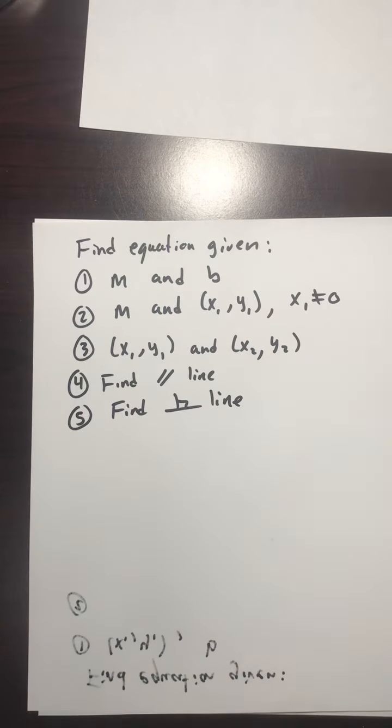And then the other types of problems that we can do are we can find a parallel line to a given line and then find a perpendicular line to a given line. So let's take a look at one of each of these.